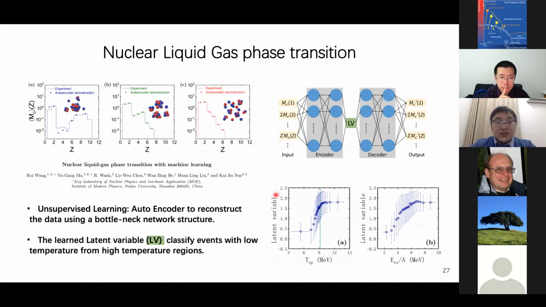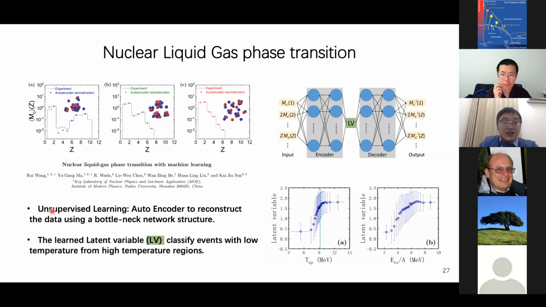Quite recently, there is an interesting paper from Fudan University where they use an autoencoder to do nuclear liquid-gas phase transition classification. In this autoencoder, there is one neuron in the middle, which is called the latent variable. Before it is called the encoder, and afterwards the decoder. The network is trained to minimize the difference between the reconstructed data and the input data.